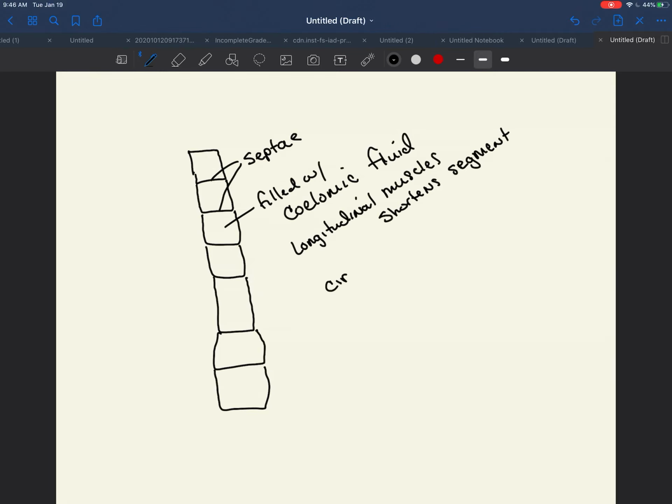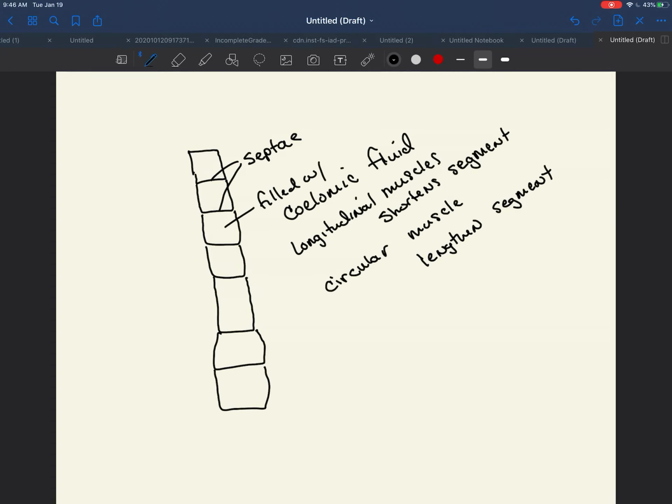And then we have circular muscles, and these tend to lengthen the segment. Interestingly, this is exactly the same way as your digestive system works. Your esophagus, for example, and your intestines, they have circular and longitudinal layers of smooth muscle. So this is very similar to the way your digestive system works, although it's not internally partitioned.